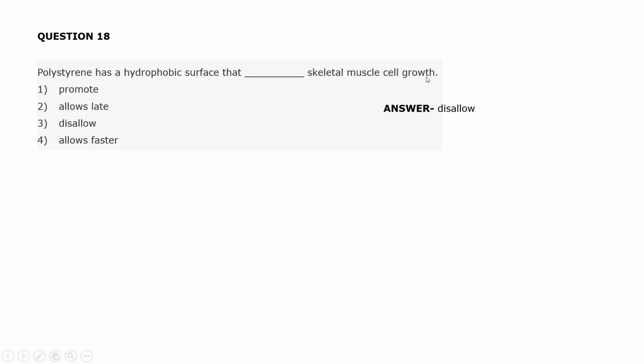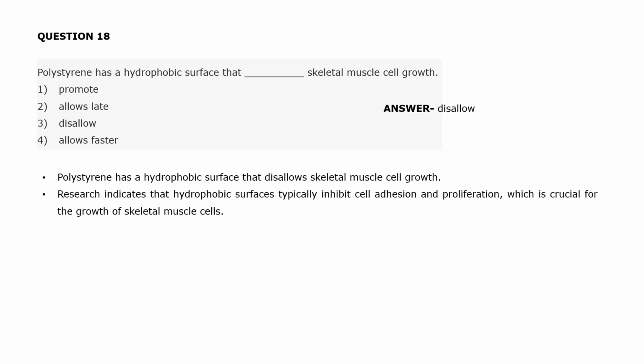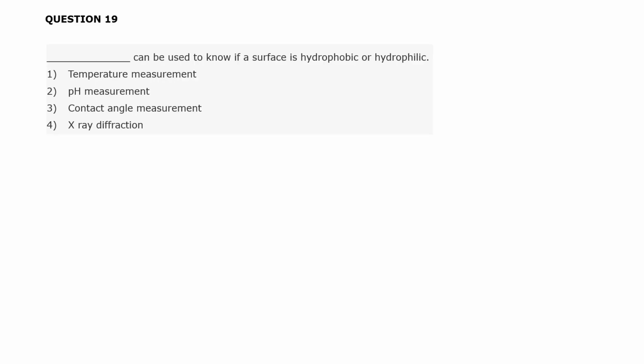Skeletal muscle cell growth. Does anyone have any doubt regarding this? Okay, so I think this is quite clear based on the previous question. It's additional information I have just told, so I'm not repeating it. So question number 90. What can be used to know if a surface is hydrophilic or hydrophobic?